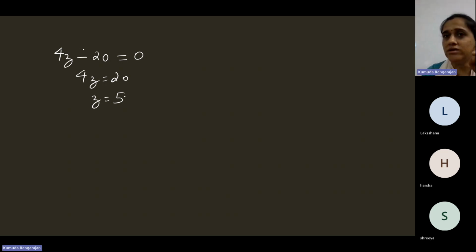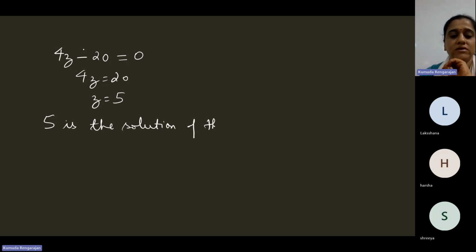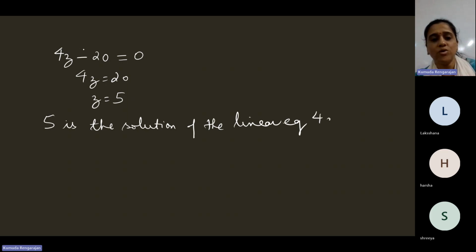Now 5 is called the solution of this linear equation. 5 is a solution of the linear equation 4z minus 20 is equal to 0.